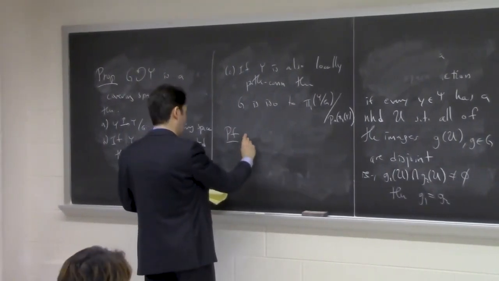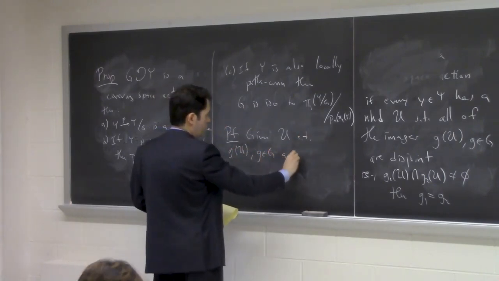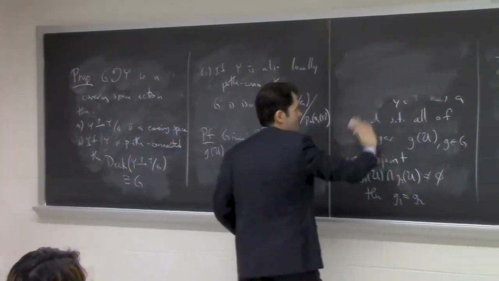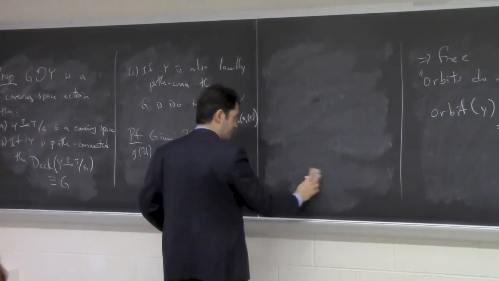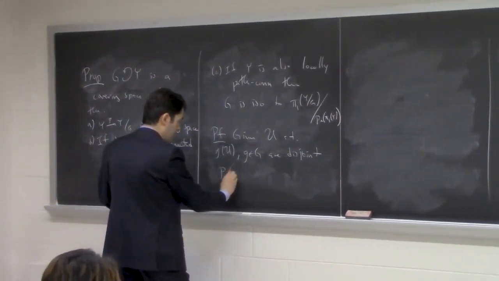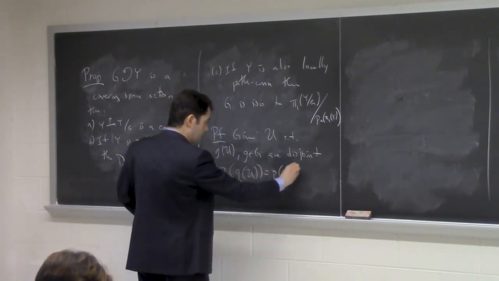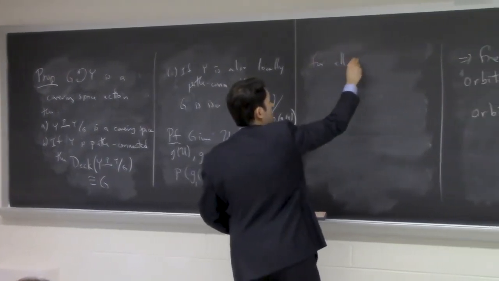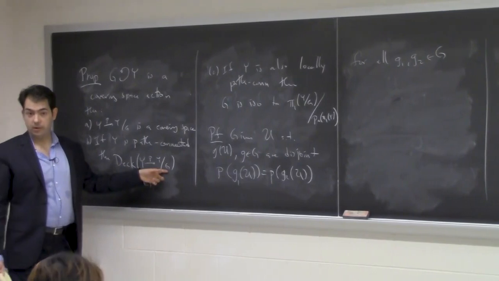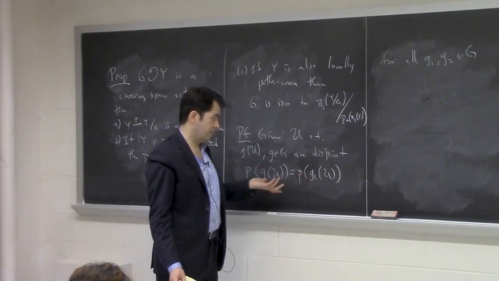So given U such that G of U with G and G are disjoint, P identifies P of G of U, it's the same for all elements of G. So the image is the same in this quotient space, because things are identified in this quotient space if they differ by the action of the group, and clearly we're just acting by the group, so you get the same set.